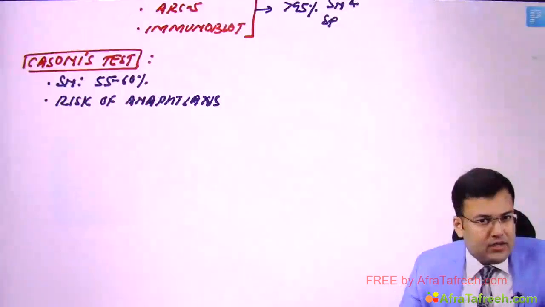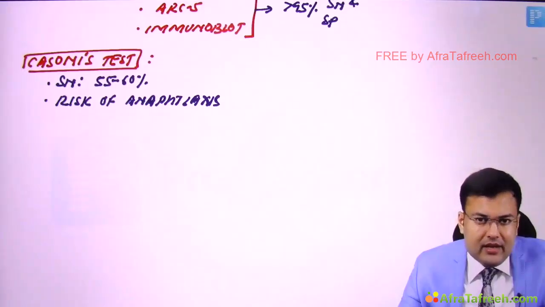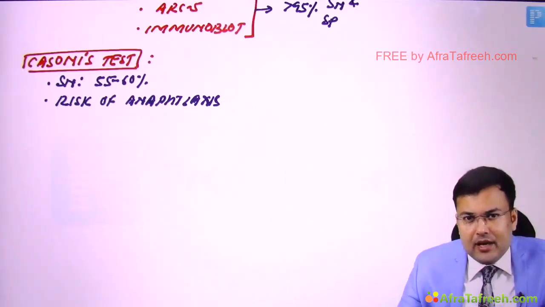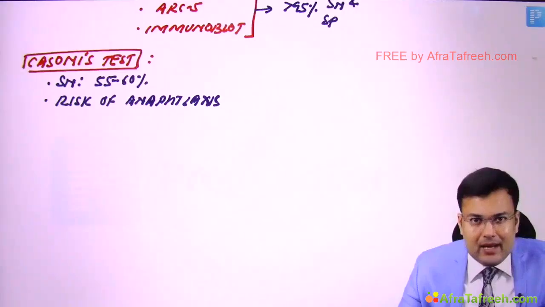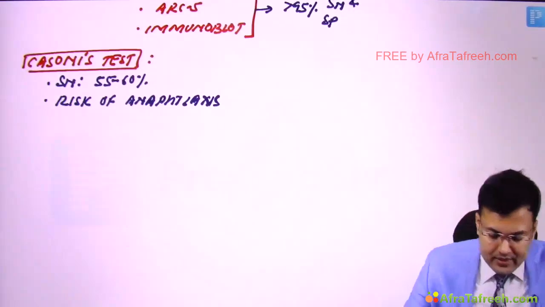So the moment diagnosis is done, we have to start the drug used for perioperative chemoprophylaxis. What is the drug of choice for perioperative chemoprophylaxis? It's albendazole, and the alternative to albendazole is mebendazole.